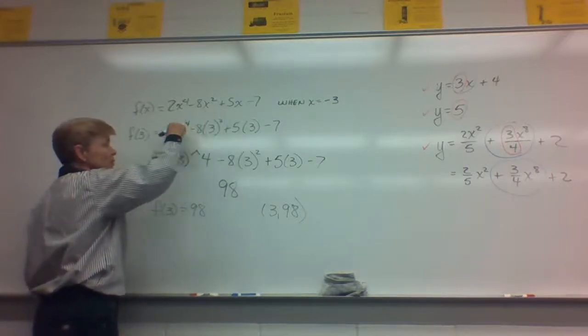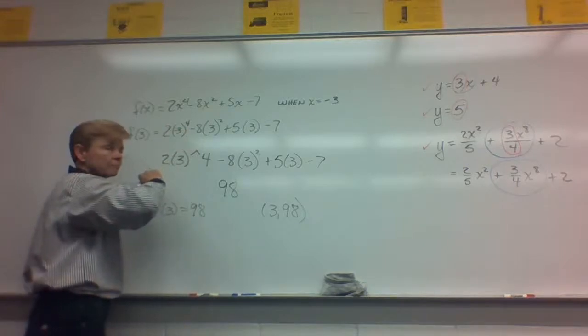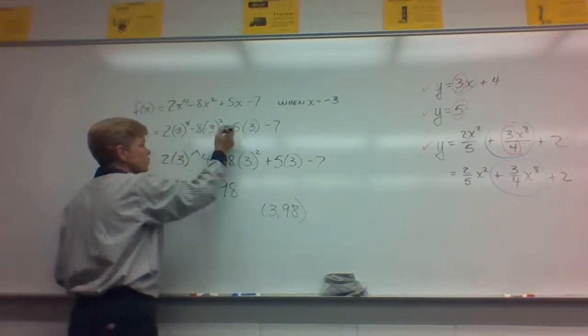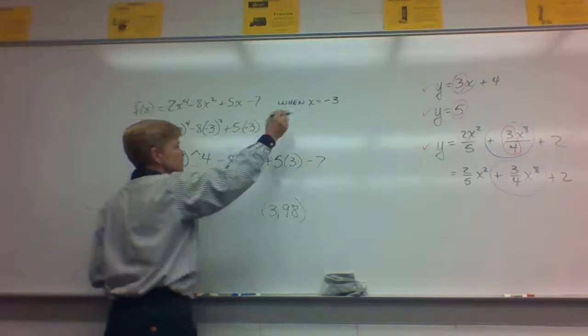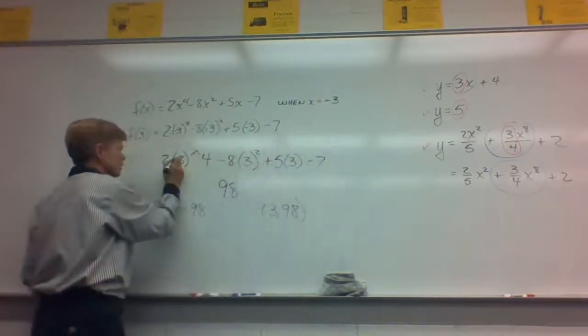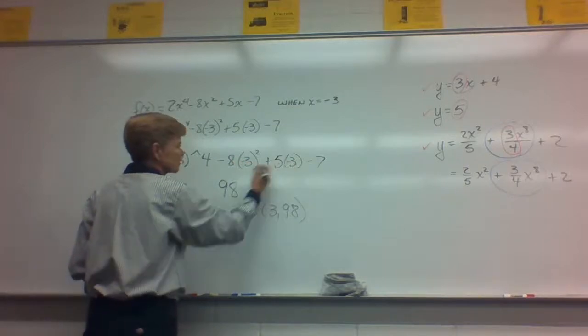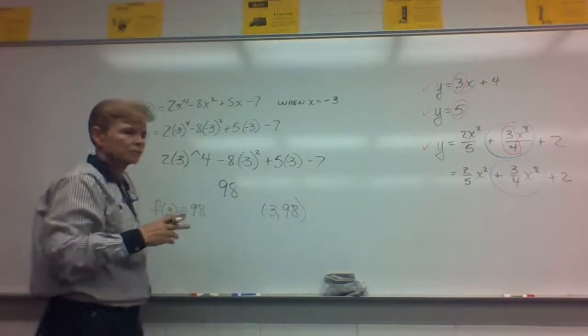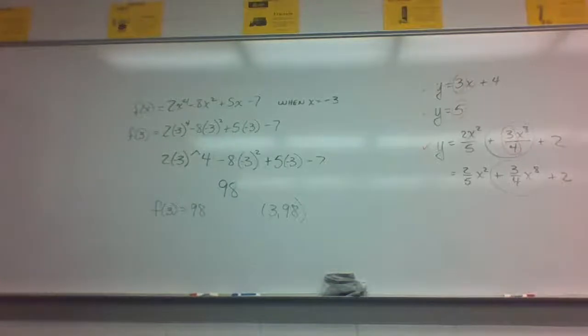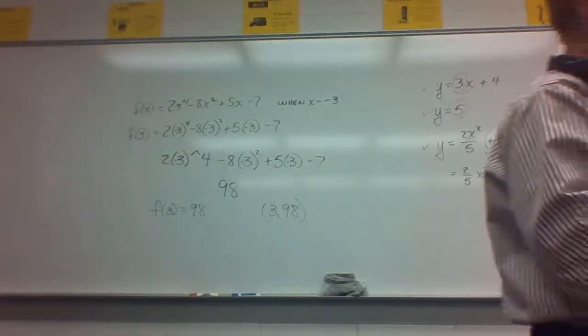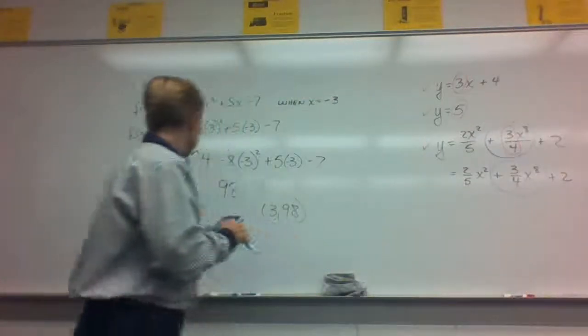The negative on that 3 belongs inside because you have to power not only the 3, but the negative sign. It's all got to be powered. So every time you open a parenthesis, you put inside it exactly what it is you're substituting. That's what you would put in your calculator too. Here, here, and here. Try it out and see.